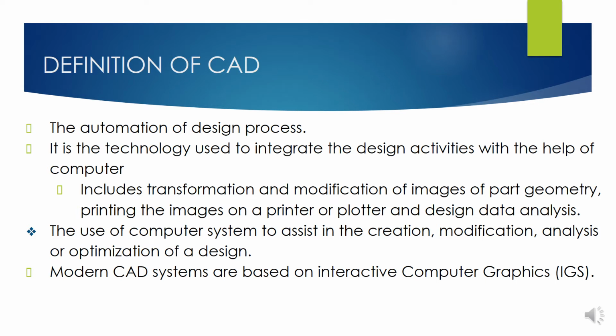Definition of CAD: automation of the design process. CAD means the automation of the design process. This is a technology which uses integrated design activities with the help of computers, which includes transformations and modifications of images of a part geometry, printing the images on a printer or a plotter, and design data analysis.